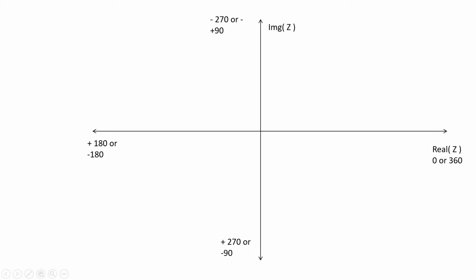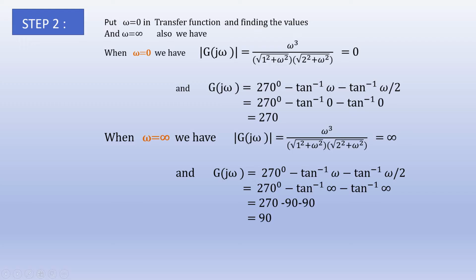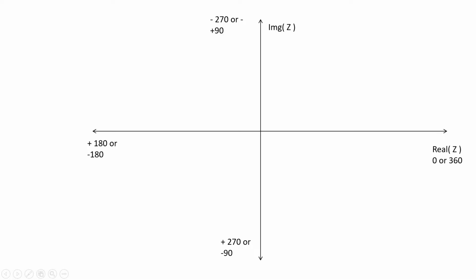If we plot them, this is our complex plane with the real part being plotted on the x-axis and imaginary part being plotted on the y-axis, and we have the corresponding angle notation over here. At omega equal to 0, what we have is 0 magnitude with 270 degrees angle.